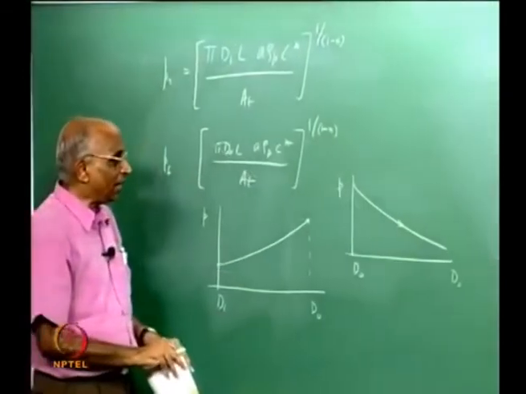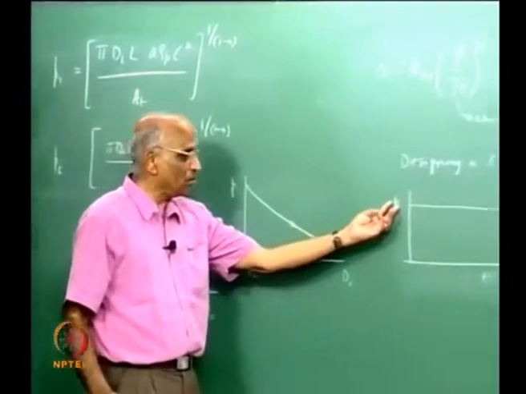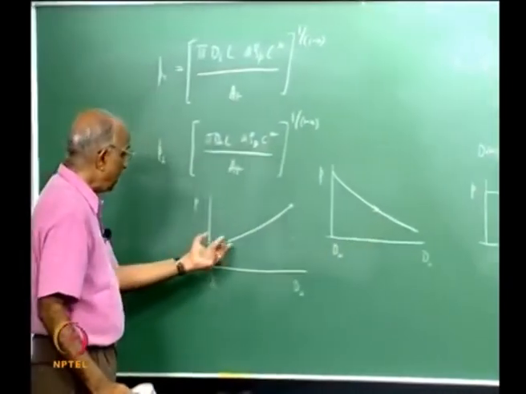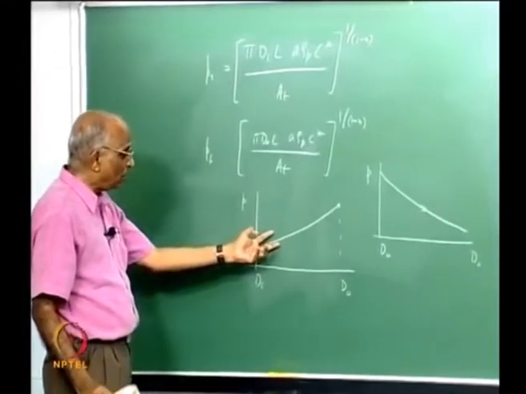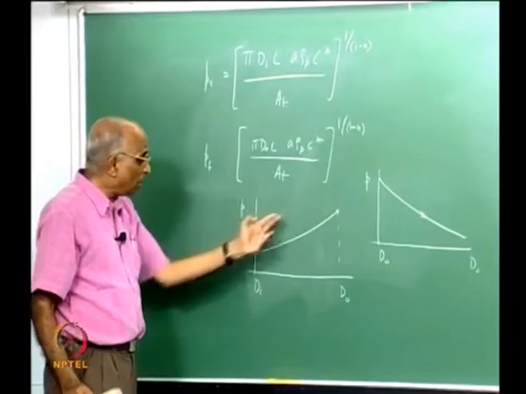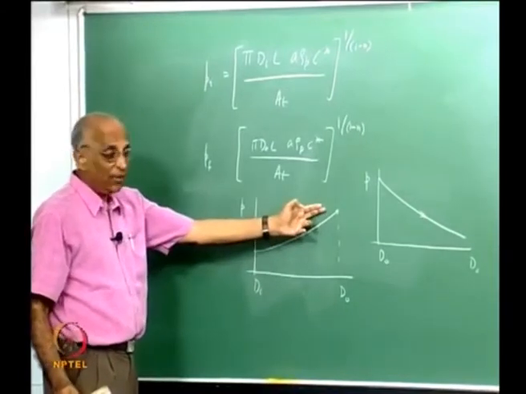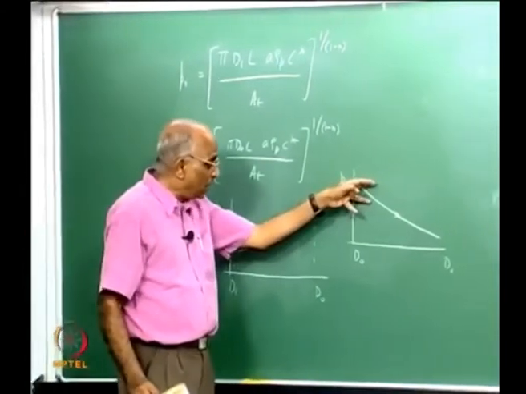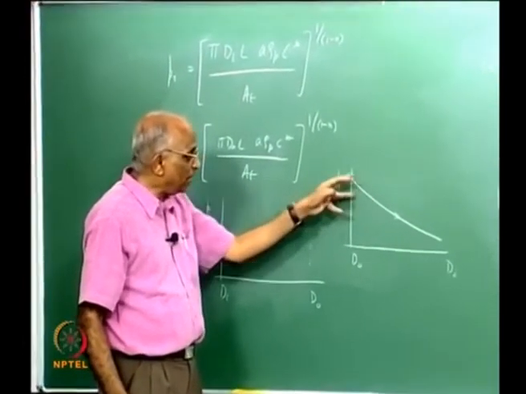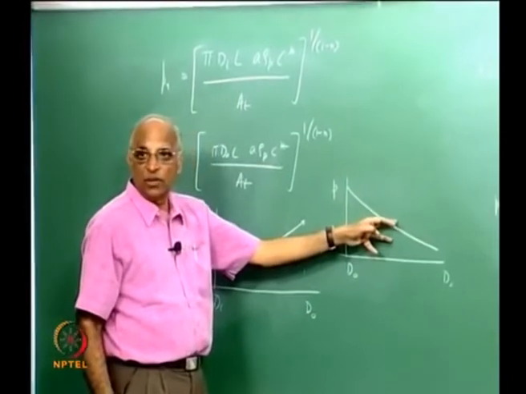In other words, while the end burning grain gave me a constant pressure and therefore a constant thrust, a radial grain burning from inside to outside gave a progressive increase in pressure or a progressive increase in thrust, while inward burning, that means burning from outside to inside, gave me a falling pressure and therefore a falling thrust.